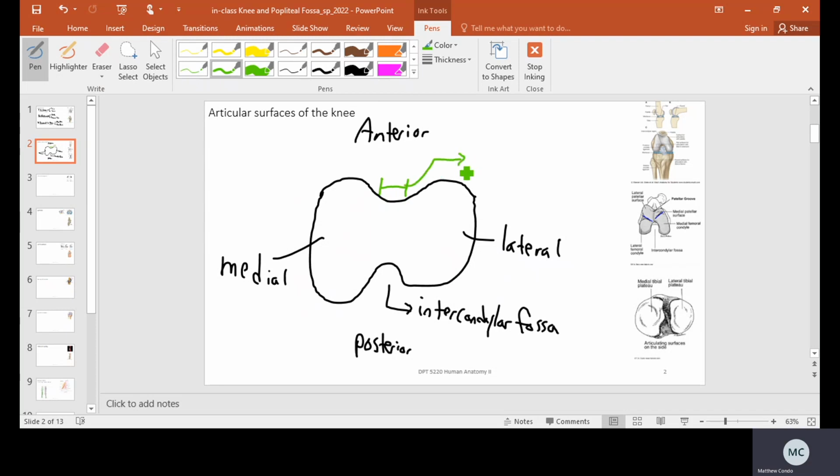And this little section here is called, literally, the patellar groove.